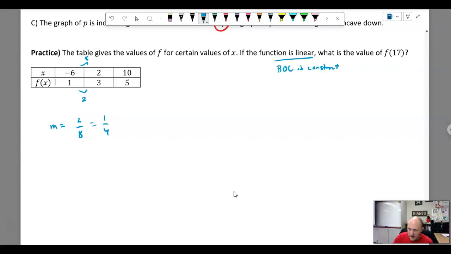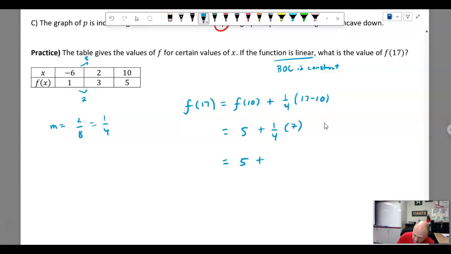So if I want my f of 17 value, I've got to start somewhere. I guess I'll start here at the x value 10. So I'll start with f of 10, which is equal to 5, and I'm going to add my average rate of change for each value that I am increasing by. Since I'm starting at 10, I have to get to 17. So that is 17 minus 10. I have to apply this average rate of change for 7 values.